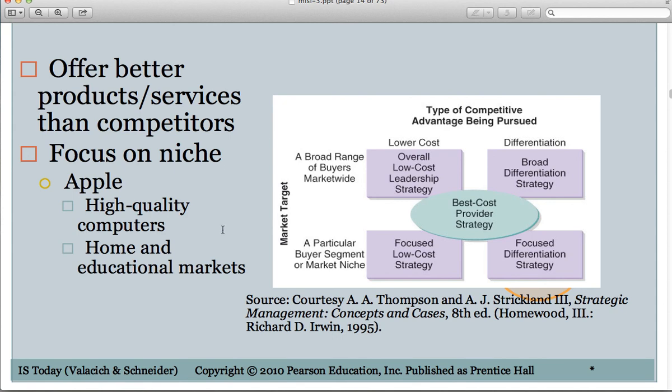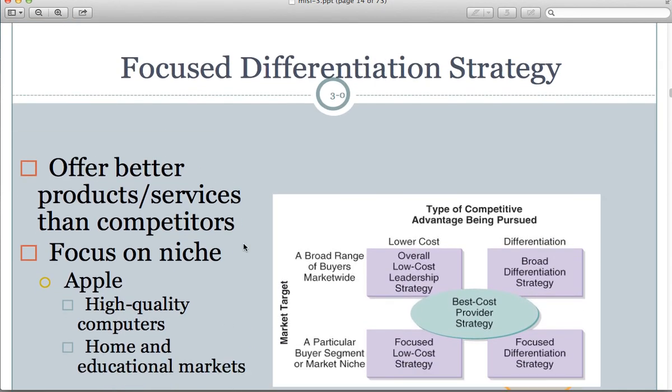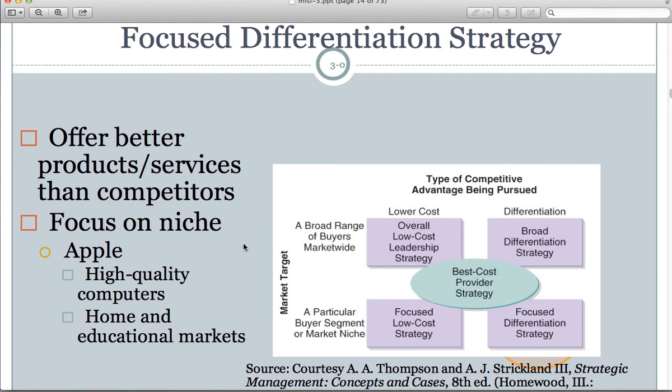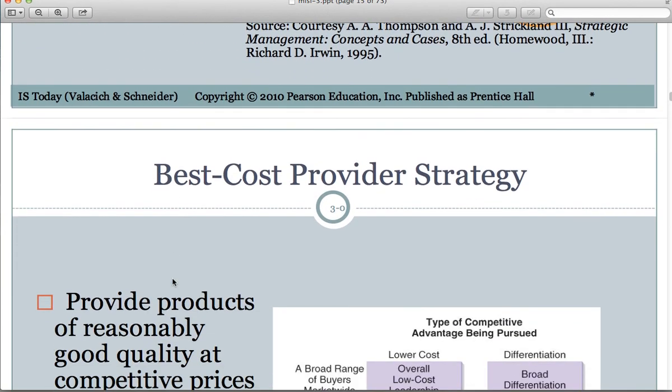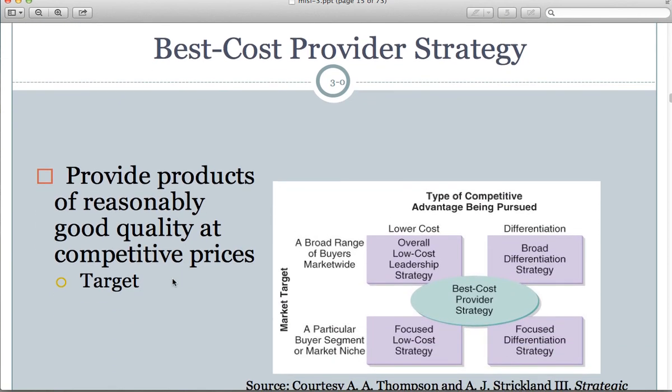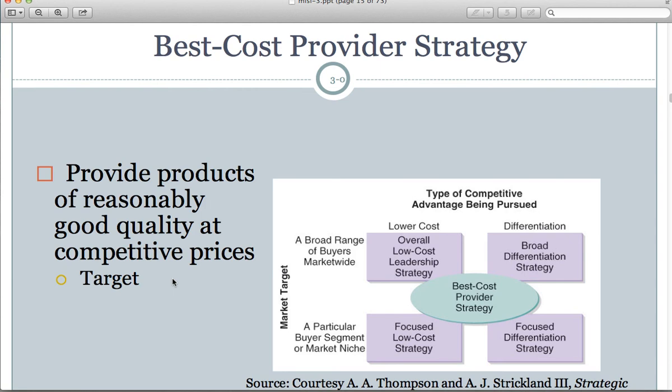Here's Apple, high quality computers, home and educational markets. Actually, Apple Computer is differentiated not only by the high quality, but also the operating system. It's more Unix-like. So if you're a developer and you want to have your tools working, you want to go with the Unix system. A lot of people, actually a lot of developers, just put Ubuntu or some Linux variety on their computer and just dual boot it, because you can't do it in Windows, which is the problem.